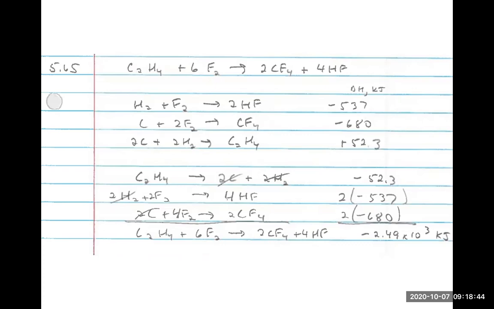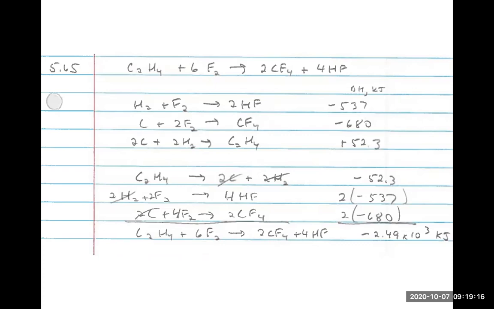The only place where C2H4 shows up is in that third half reaction, the third one. And so if I flip that over, then now I've got the C2H4. I've got F2s on the left-hand side from the first and second half reactions. So I'm good there. That tells me I've got C2H4 on that side, I've got F2 on that side.